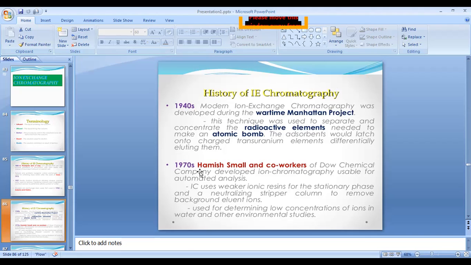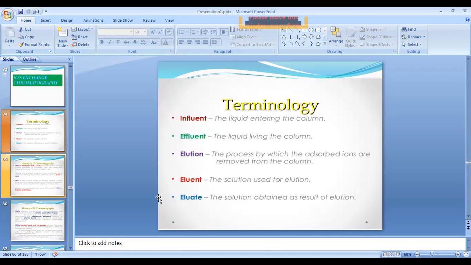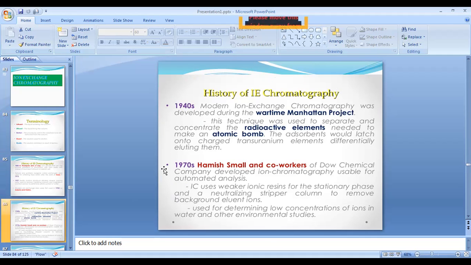In the 1970s, Hamish Small and co-workers of Dow, a chemical company, developed an ion exchange chromatography useful for automated analysis. Automated analysis means whatever eluate is obtained from this column will be studied automatically.